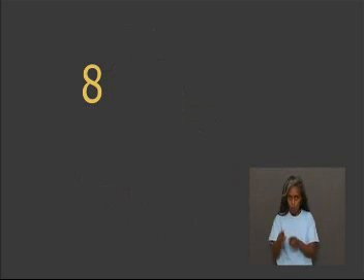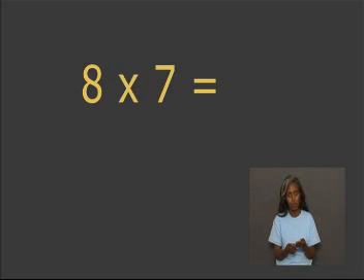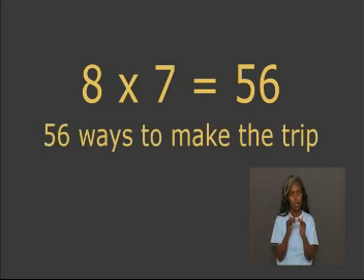There are 8 ways of traveling from Addis Ababa to Dire Dawa. There are 7 ways to come back because you cannot come by the same car. So, the number of ways of making both the trips is 8 times 7 equals 56.